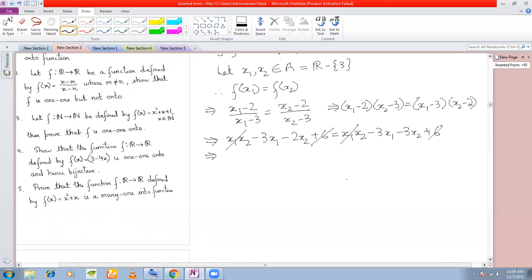Now you take x1 on one side and x2 on the other side.